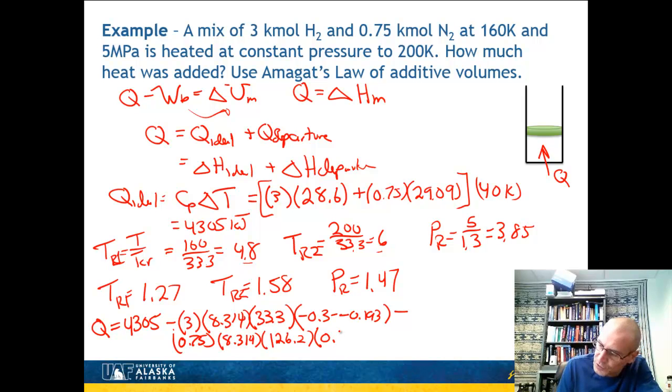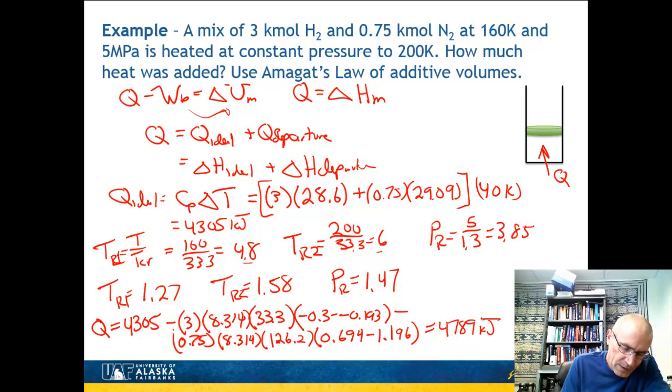And the departure terms are 0.694 and 1.196. Again, I used EES to find those, which is why I have so many significant figures. And if I do that arithmetic, I get 4789 kilojoules. So we start off, the ideal component was 4305. We add another 400 or so. It's about a 10% change in the whole thing.